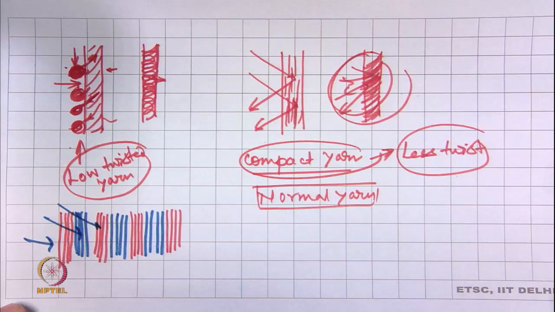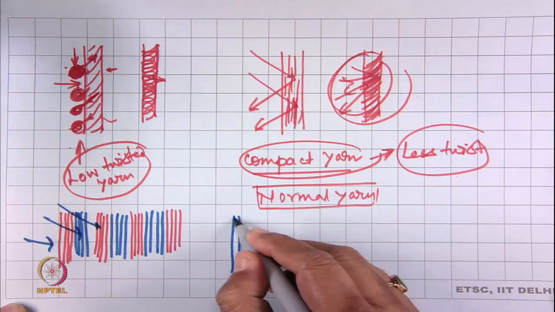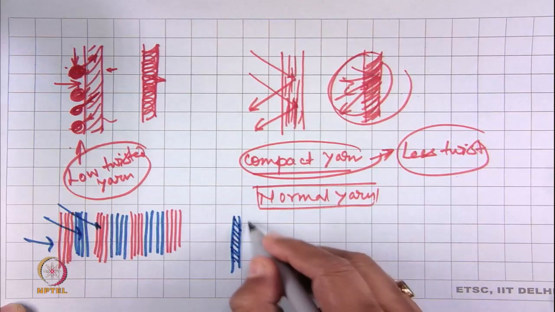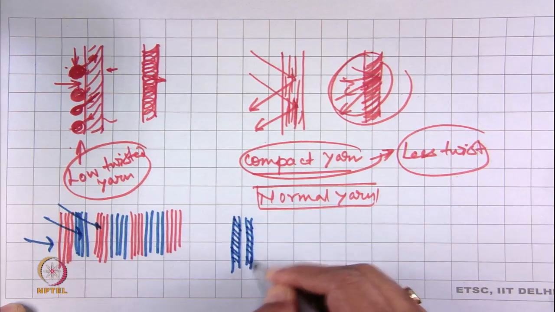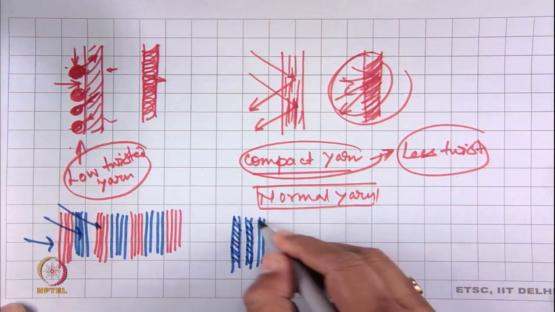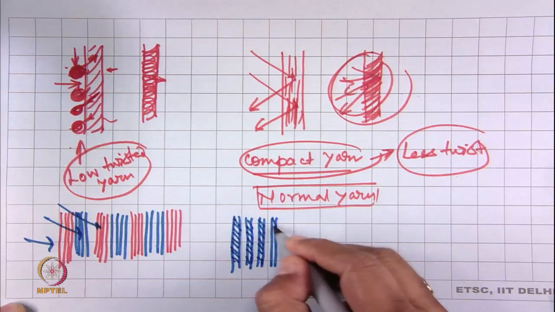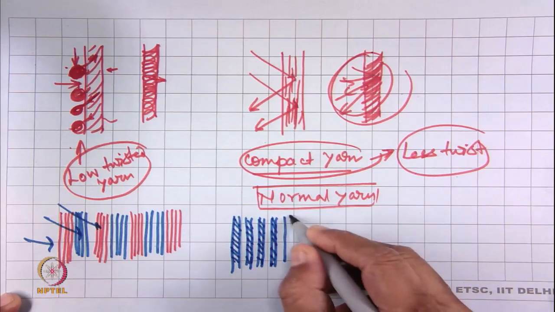This type of effect we can also get by having four S twisted yarns placed in a stripe, and another four yarns of Z twisted.